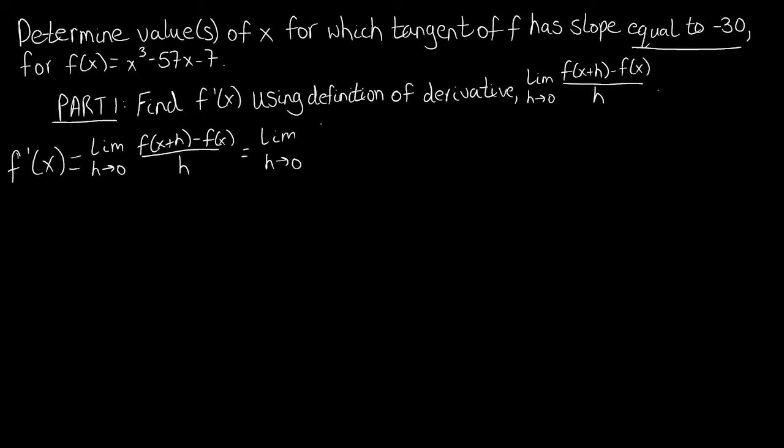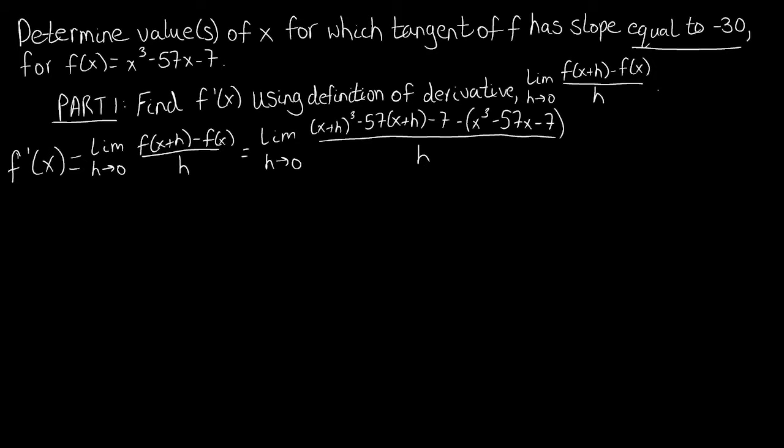F of x plus h is going to take the form x plus h cubed minus 57 times x plus h minus 7. And that's our f of x plus h right here. So then we're going to subtract the entire f of x. So we're going to put it in parentheses so we know to distribute this negative in there. So we get x cubed minus 57x minus 7. And this is all going to be over that single h here.